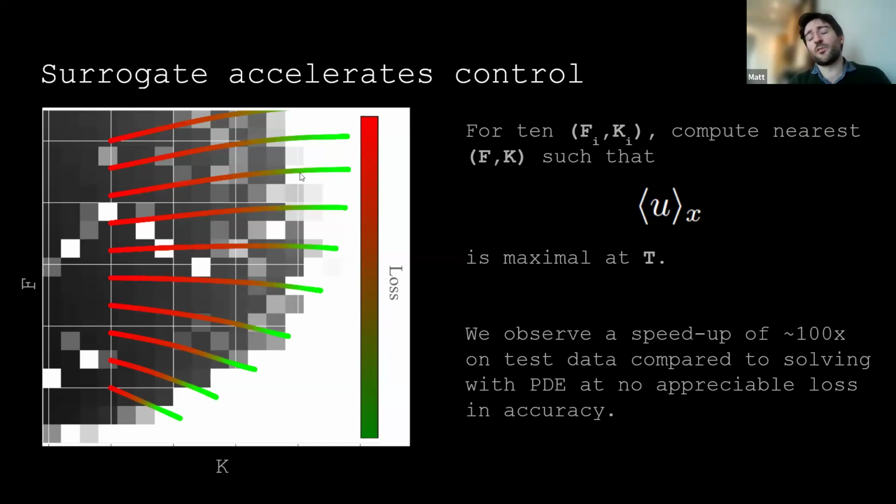From a numerical point of view, and from the point of view of applied scientists who want to be using these tools, that's one of our secondary goals. And what we find is that we get an enormous speed up on this test data compared to actually solving the PDE. Because you could solve this in the observable space.